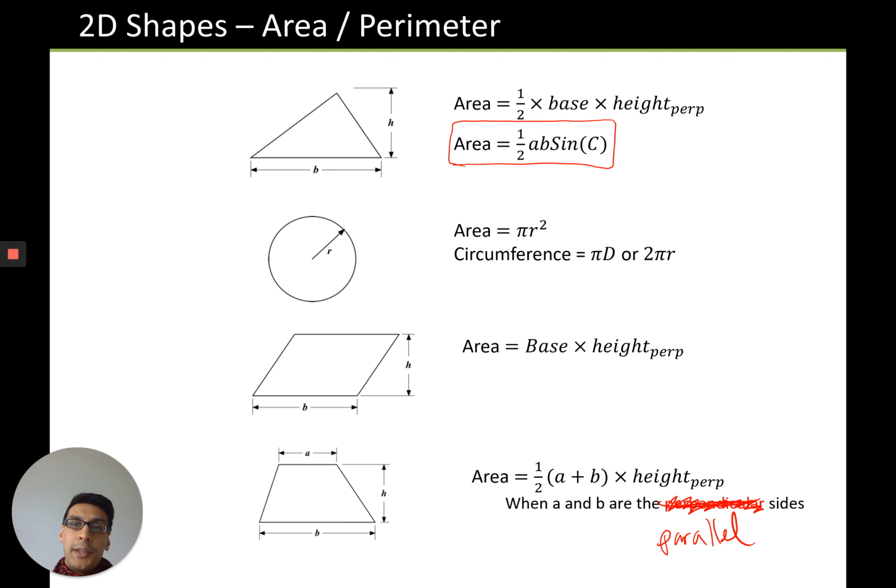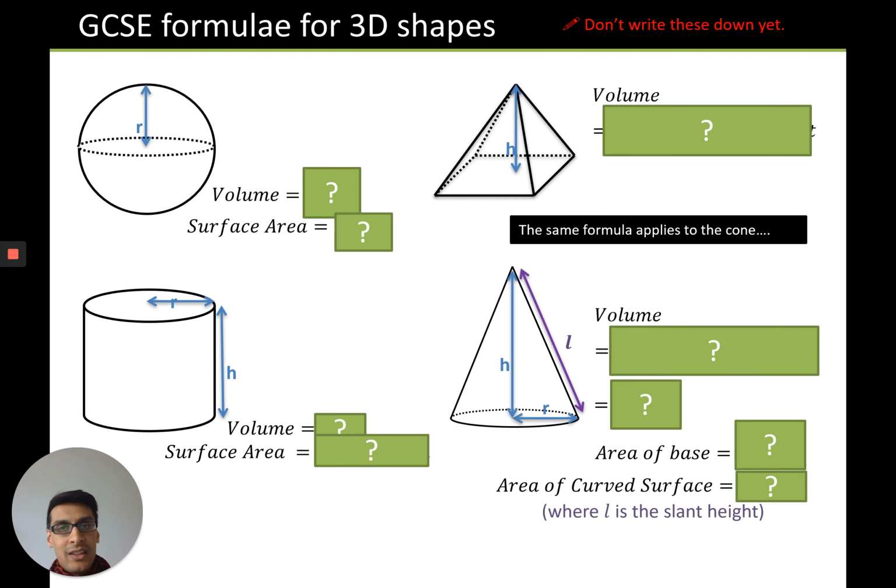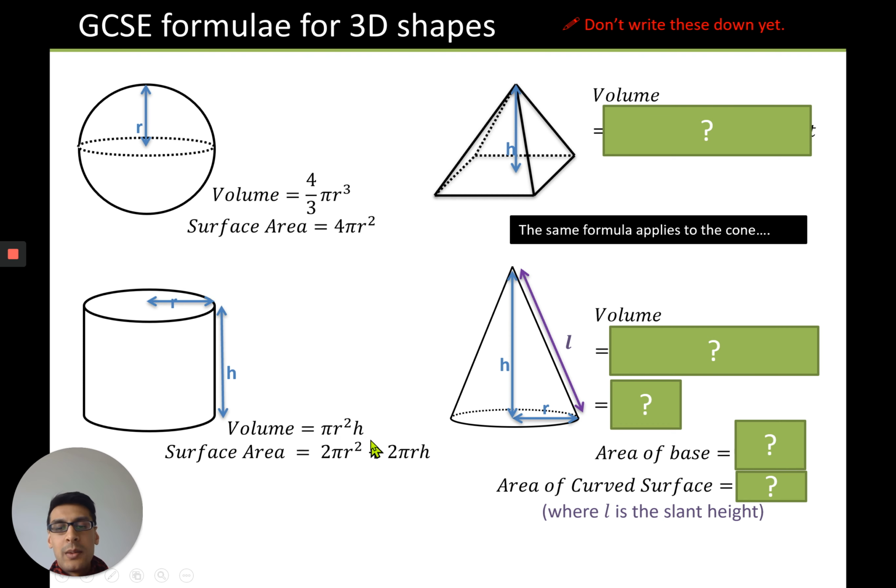Now, do not write this down yet, because when we get to these formulas, I will give you way more information than you need. So just to give you an idea of what we're looking at: for a sphere, volume is 4/3 pi r cubed, surface area is 4 pi r squared. For a cylinder, its volume is pi r squared times height, surface area is 2 pi r squared plus 2 pi r times height.